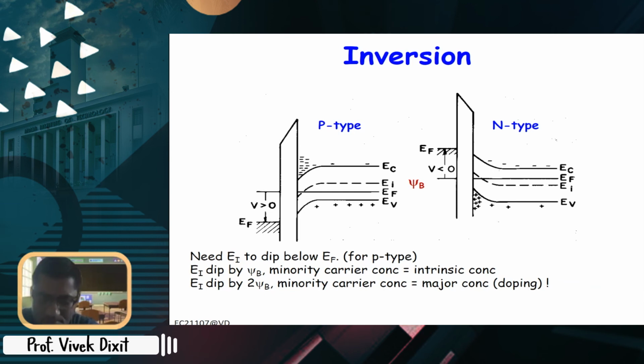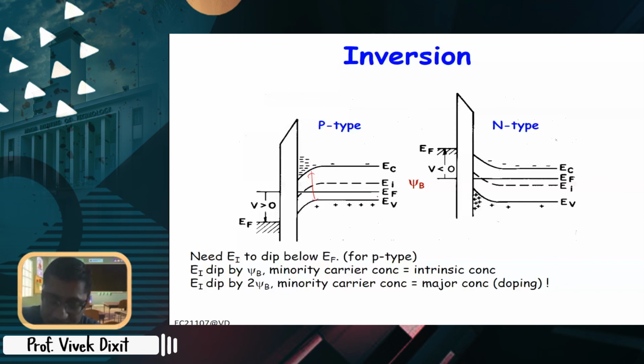Now there is a definition for this one. What is happening when you are applying the voltage? These bands are bending. So let's say this EC, EV, and EI are following the same route basically. The change in EC, EV, and EI will be the same at a particular position because their relative position doesn't change.